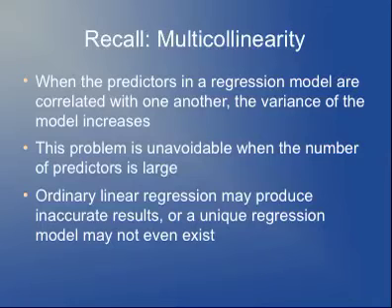Even if you just have like 5 or 6 predictors, it's most likely going to be a problem. And if you just mindlessly apply ordinary linear regression, you can get incorrect answers. Or if the number of predictors is greater than the number of observations, there won't even be a unique regression solution in the first place, so you need to figure out ways to deal with this.